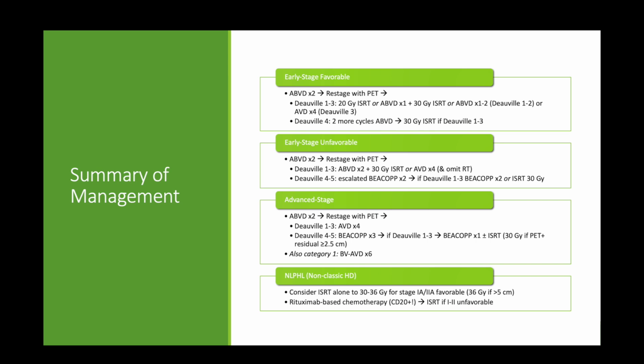However, despite that benefit, many may choose to omit radiation just because there is still very good overall survival with the regimens that do not employ radiation. And there's also good salvage with autologous stem cell transplants. And so the idea is that this allows you to avoid the long-term toxicity of radiation.